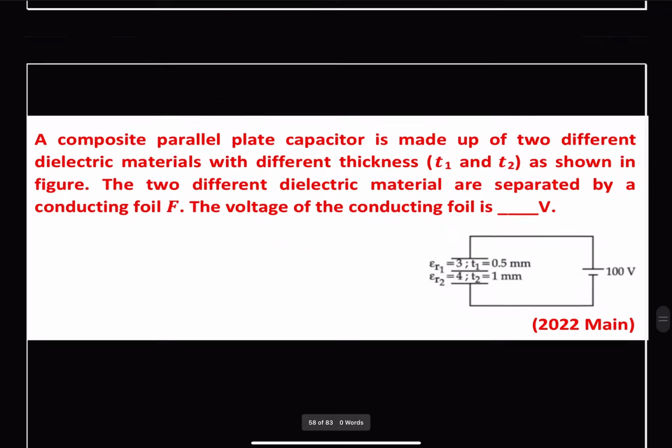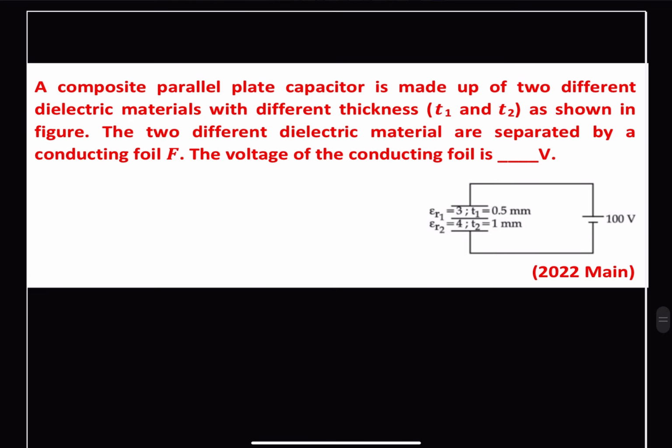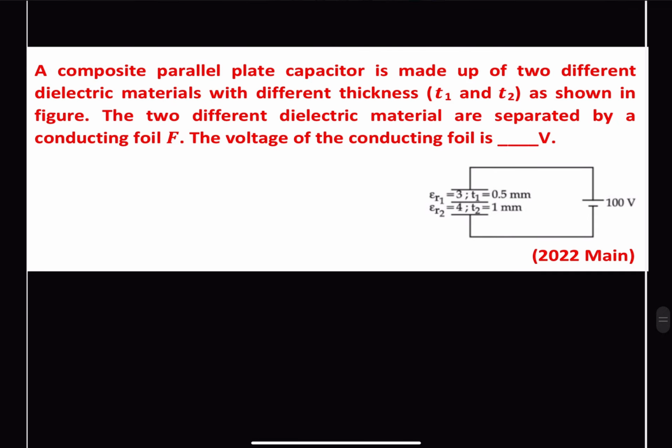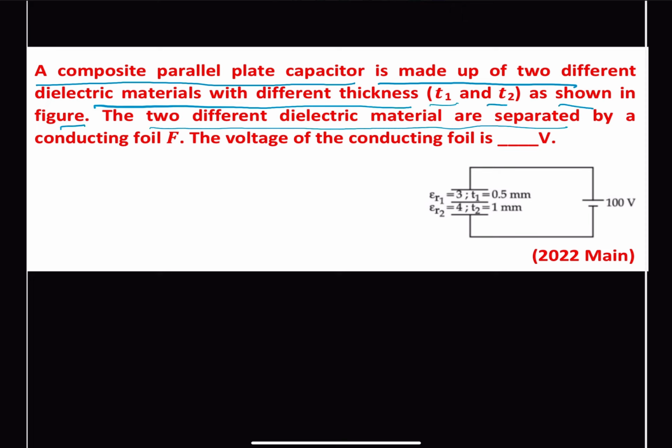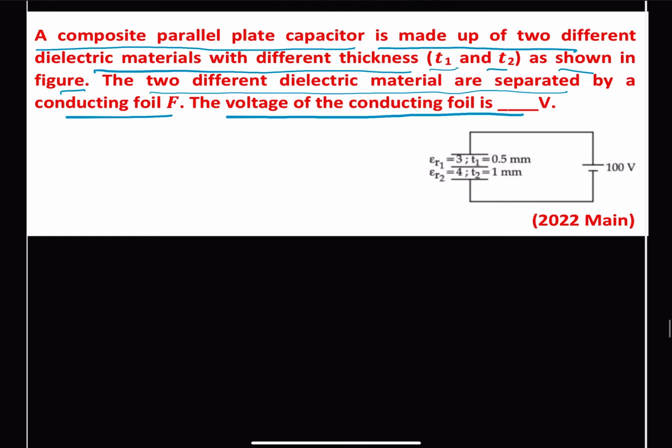We are given that a composite parallel plate capacitor is made up of two different dielectric materials with different thickness T1 and T2 as shown in figure. The two different dielectric materials are separated by a conducting foil F. The voltage of the conducting foil is dash volt. So we are given this basic circuit having two capacitances. Let me draw it a little bit on a larger scale.